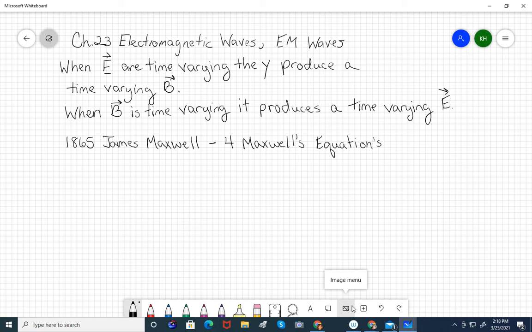And when they discovered that light travels at c and electromagnetic waves travel at c, they knew that Maxwell had gotten it right. There's basically 4 important characteristics we want to talk about.